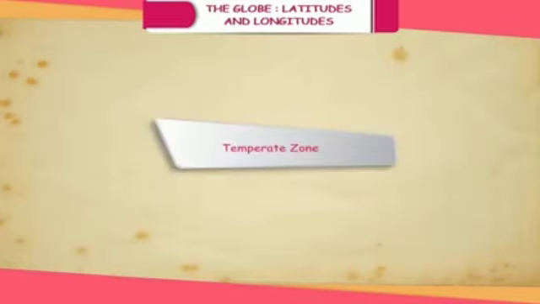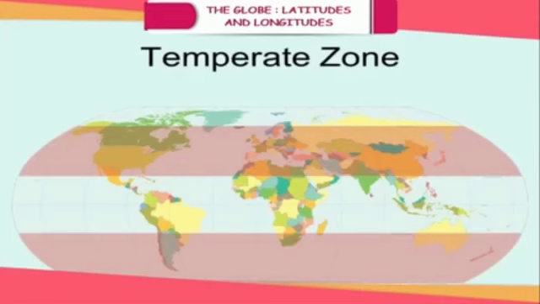Now the second one is the temperate zone. The area around the Antarctic Circle in the Southern Hemisphere has medium temperature, that is called the temperate zone. Same as in the Northern Hemisphere, it is also called the temperate zone, which lies between the Tropic of Cancer and the Arctic Circle.